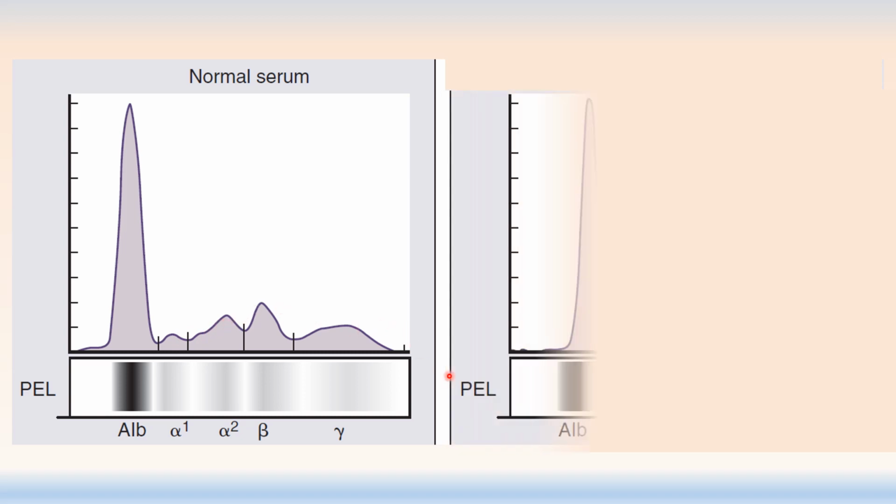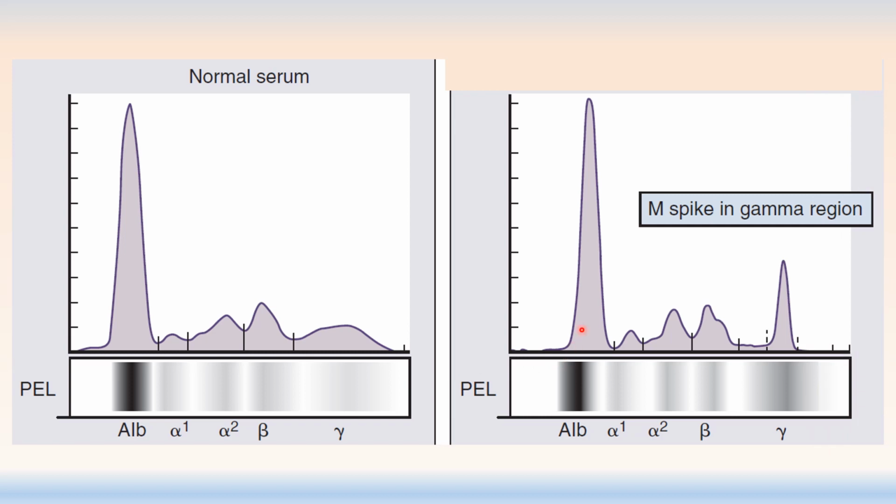Take a look at this abnormal situation. You have the high peak for albumin still, but then there's a second peak over here in the gamma region. So this is indicative of a gammopathy. This is a sample from a patient with a monoclonal gammopathy. So we've explained what we mean by gammopathy. How do we prove monoclonality?